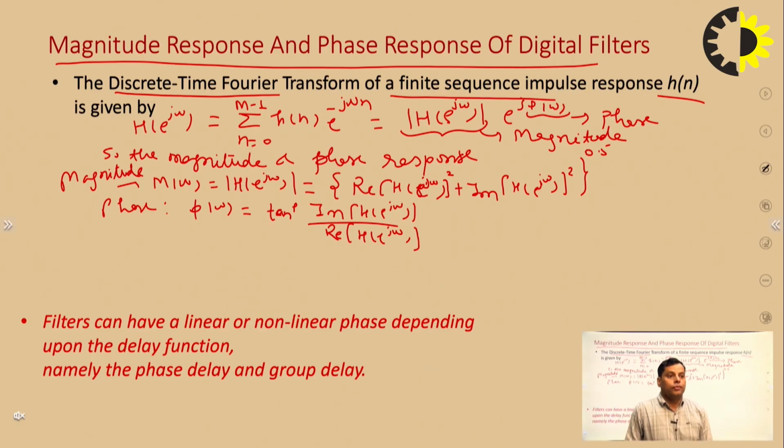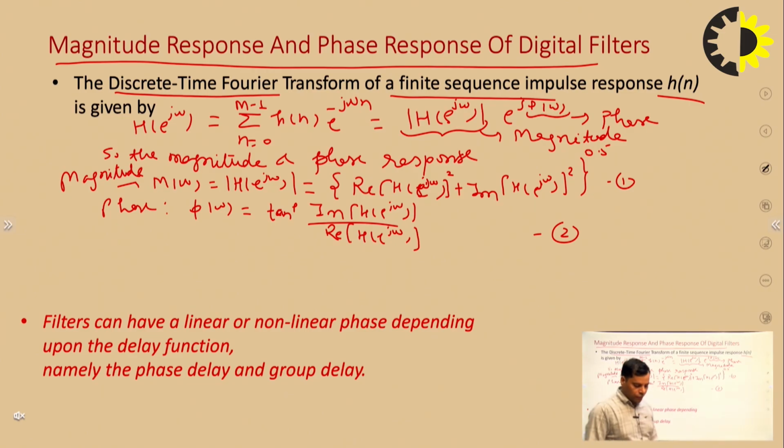So, in the first equation for the discrete time Fourier transform, it can be subdivided into two categories, the magnitude part and the phase part. These two are given by equation number 1 and, let us say, equation number 2.